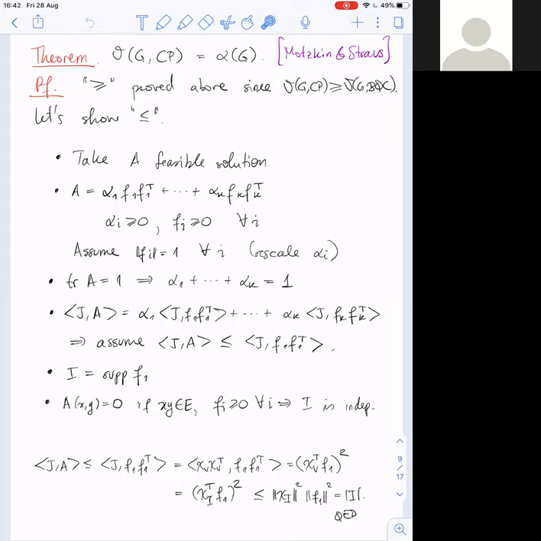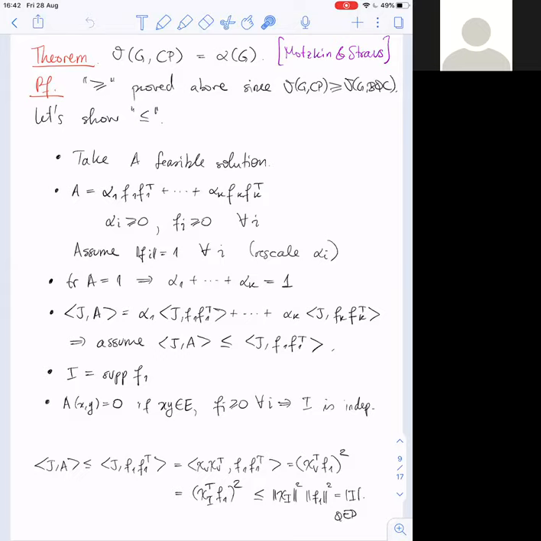And therefore, since JA is a convex combination of these things, it has to be less or equal than at least one of them. Because if it were greater than all of them, you would get a problem, since you have a convex combination. It cannot happen.